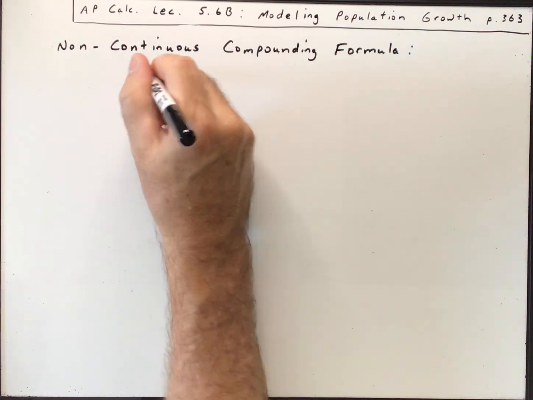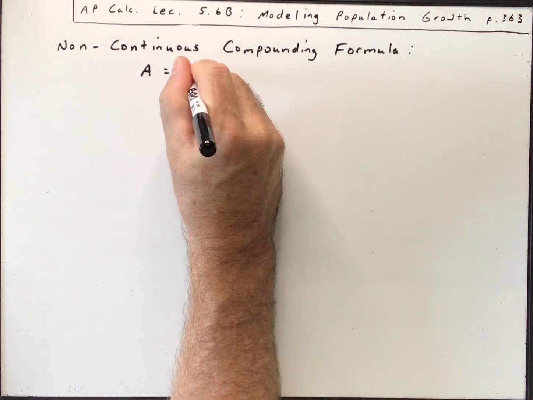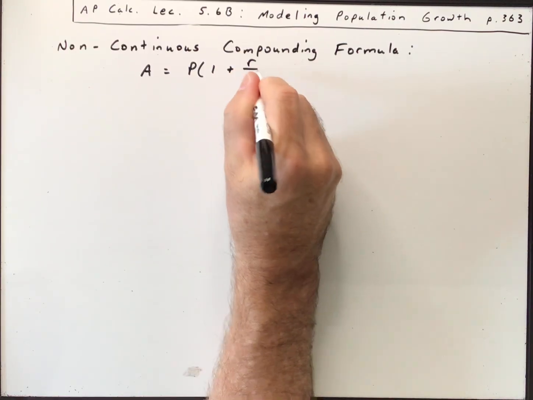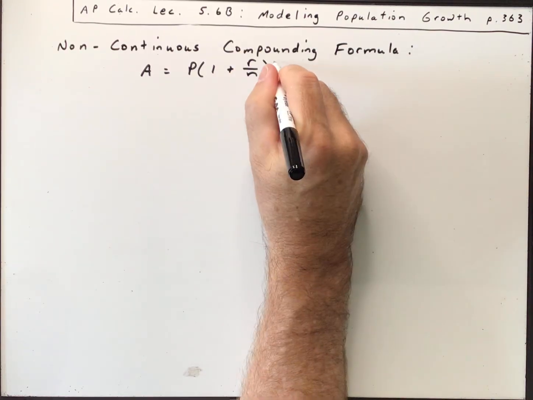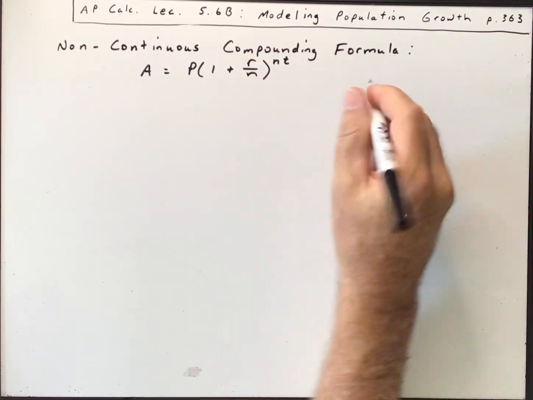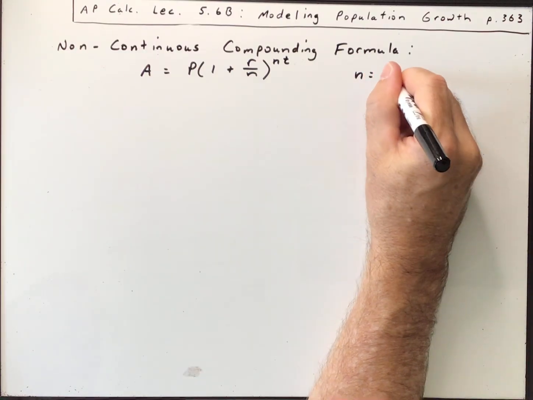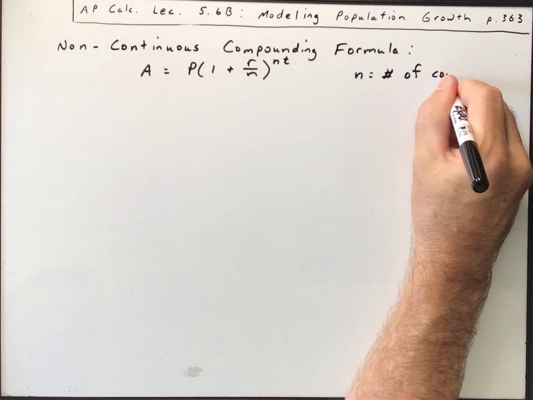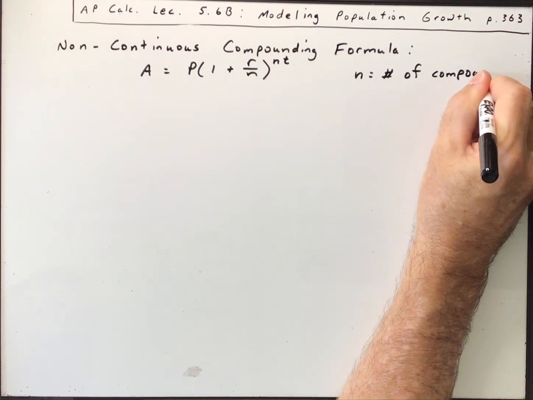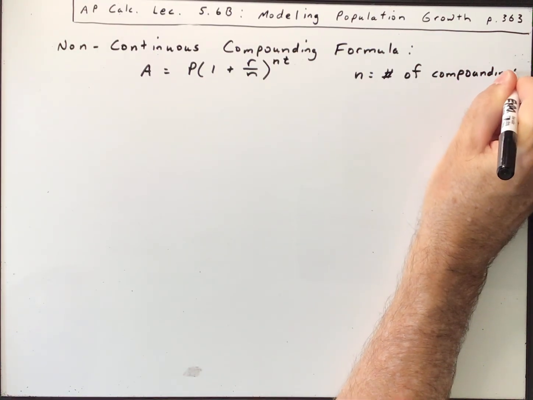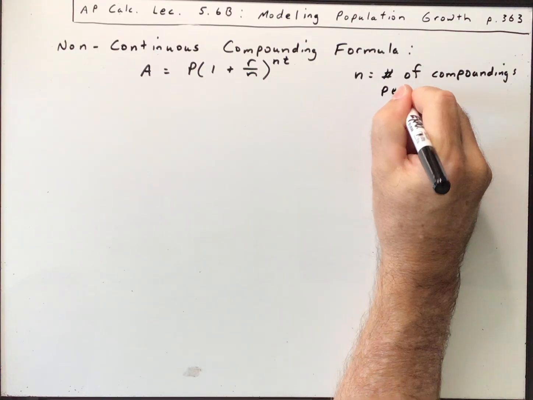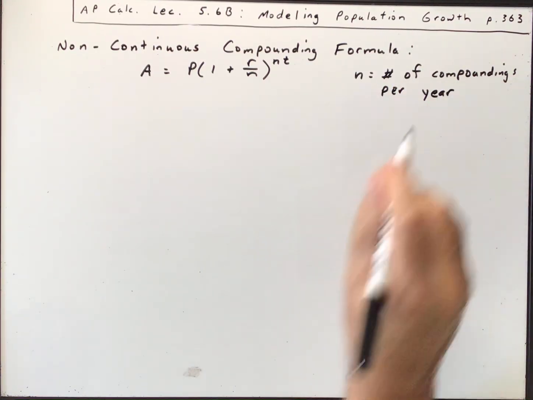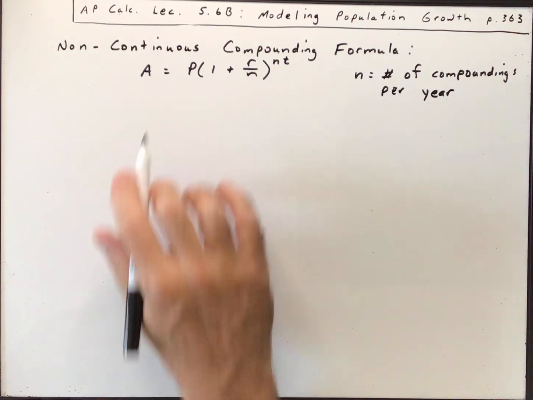That is A equals P times (1 plus r over n) to the nt, and n is equal to the number of compoundings per year. The other variables are the same as the continuous compounding formula.